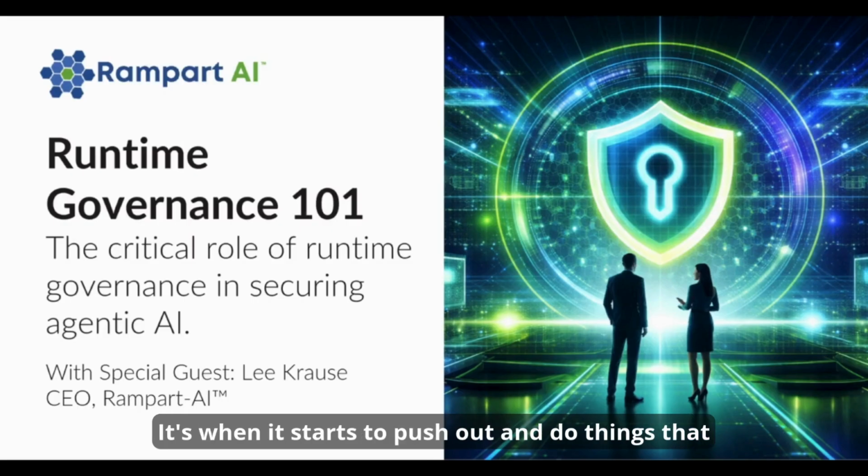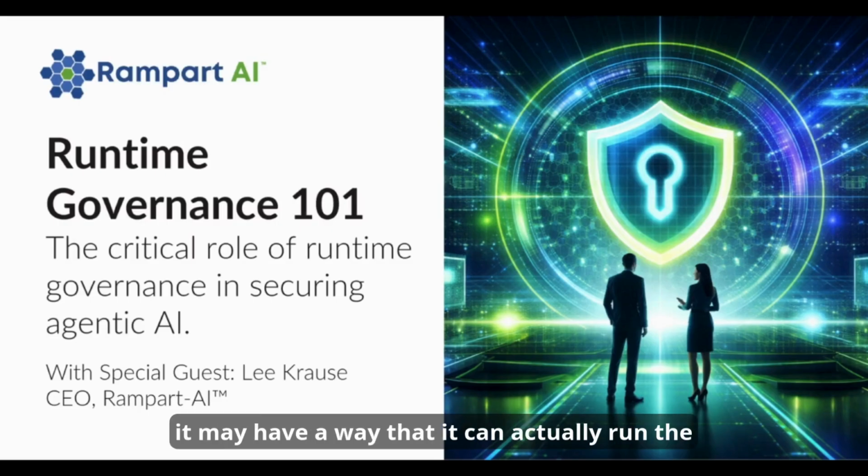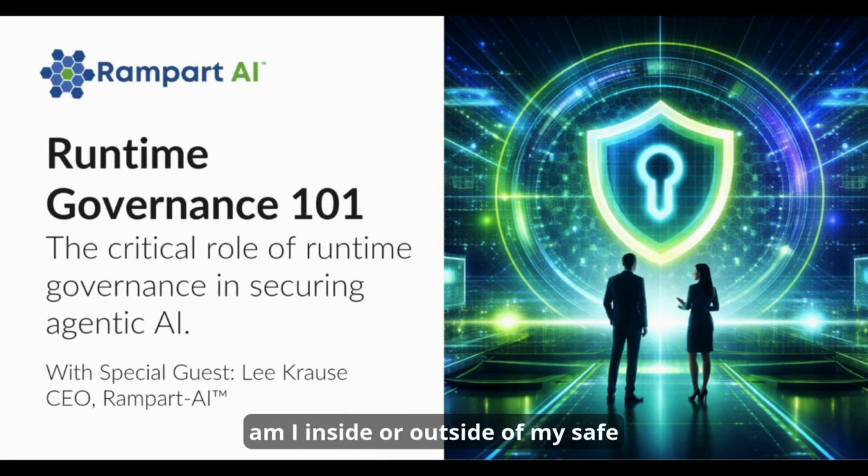It's when it starts to push out and do things that push the line that the system either needs to ask humans to approve the actions, or it may have a way to run the action and prove to itself that it's safe and doing what's expected. That's walking the line of, am I inside or outside of my safe zone?